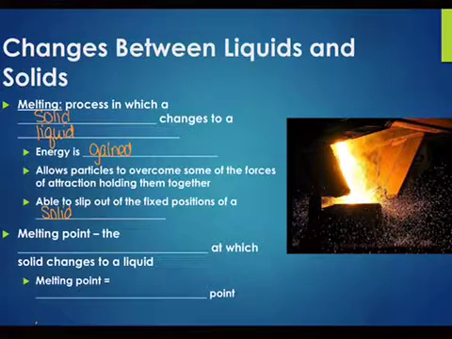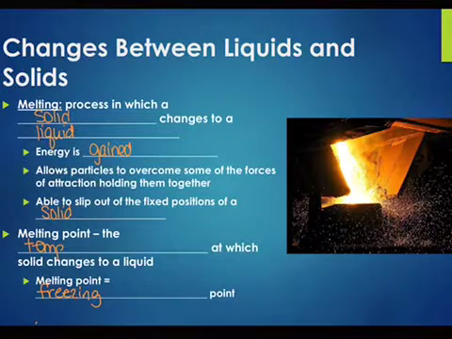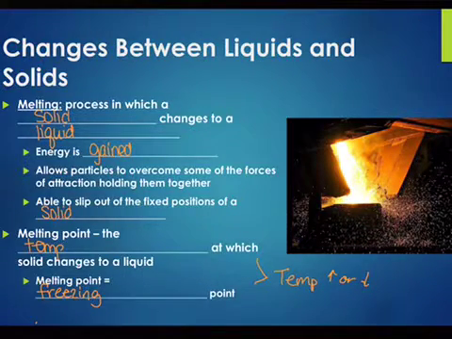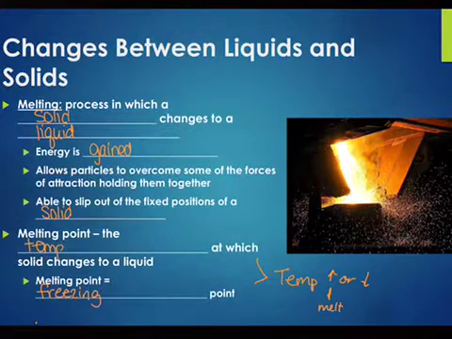The melting point is the temperature at which a solid changes to a liquid. The melting point is actually also the freezing point. The only difference here is it matters if the temperature is increasing or decreasing. If the temperature is increasing, we have melting. If it's decreasing, we have freezing.